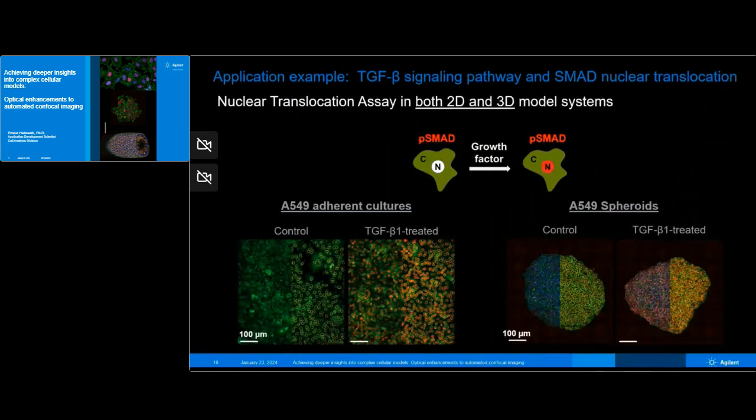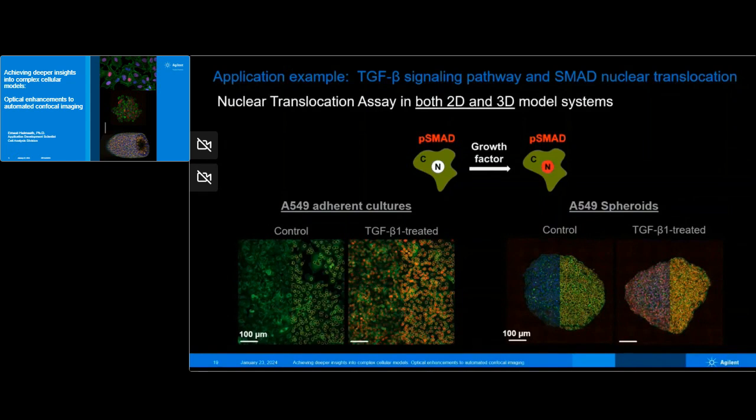So the nuclear translocation can be done in both a 2D and 3D model system. On the left, we're showing A549 cells that are adherent cultures. On the left panel is your control. And then after an hour of treatment with TGF-beta1, you see this increase in nuclear SMAD2/3.